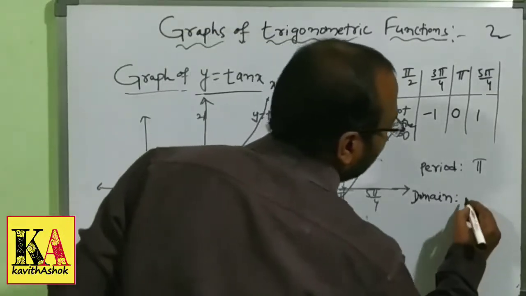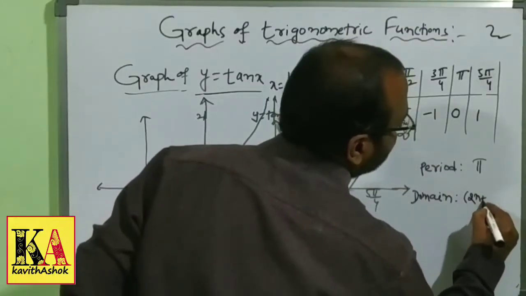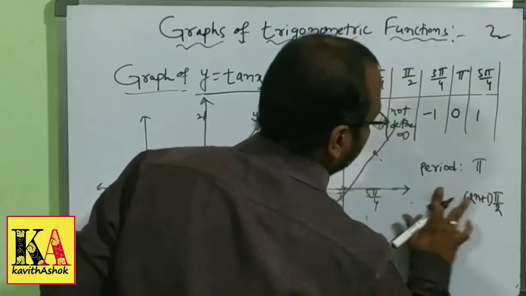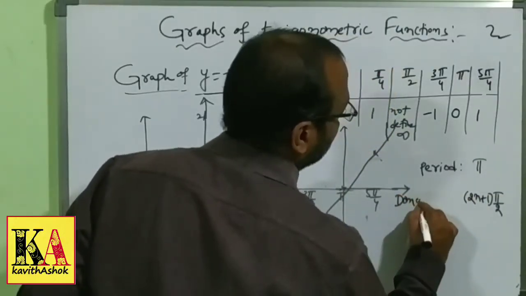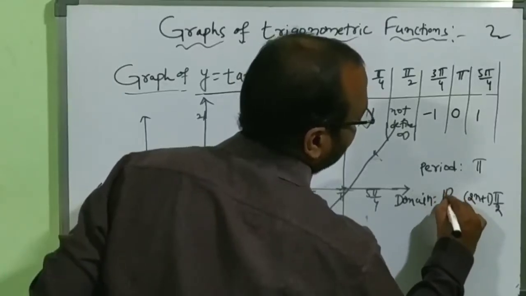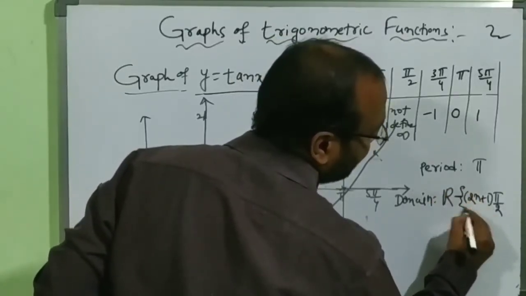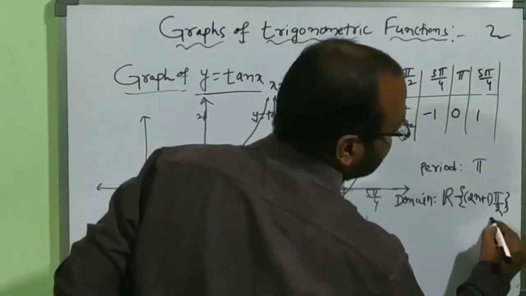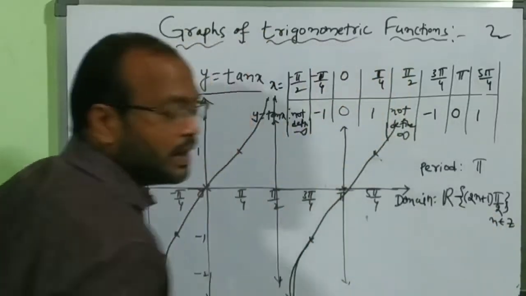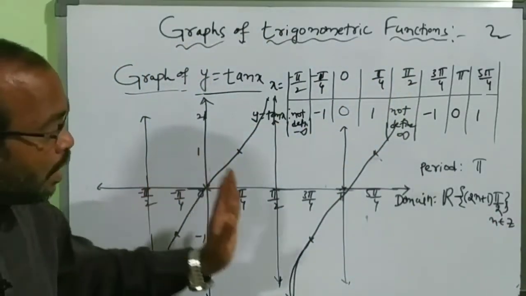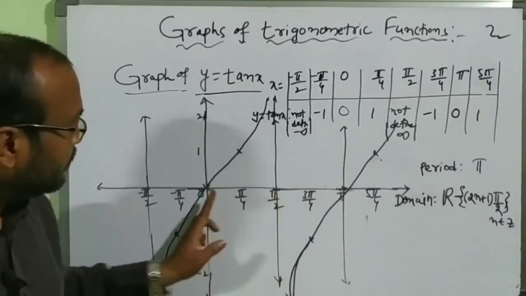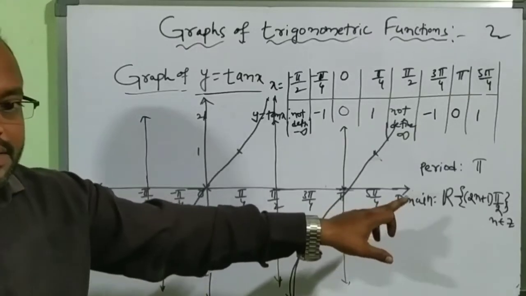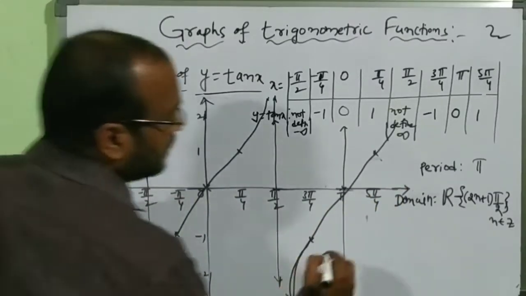So domain is we are taking all values, from that we are subtracting (2n plus 1) pi by 2 values where n belongs to Z. We are neglecting odd multiples of 90 degrees. For even multiples no problem, for odd multiples the values will be infinite. So the domain will be R minus (2n plus 1) into pi by 2. Next, range.